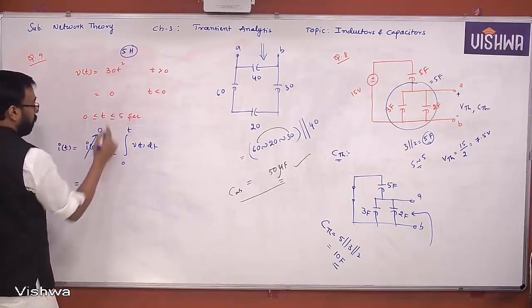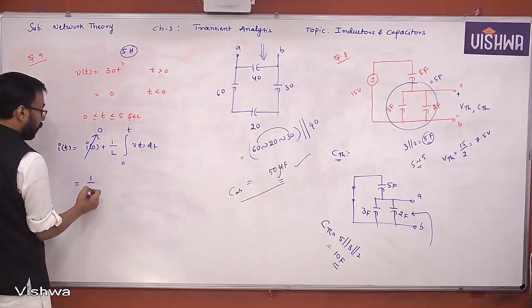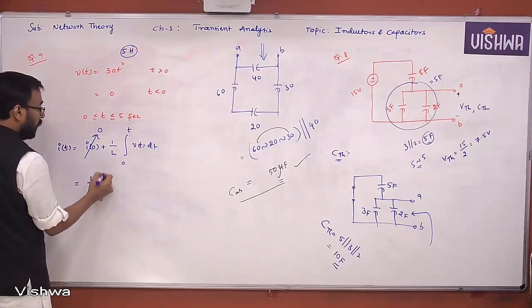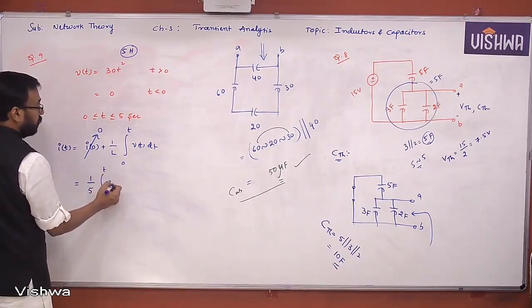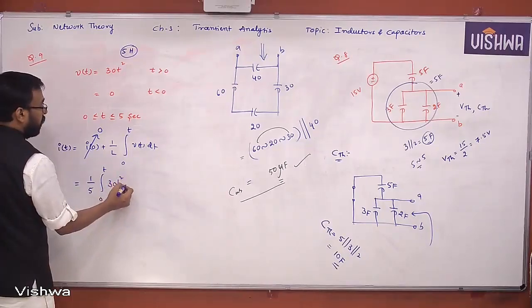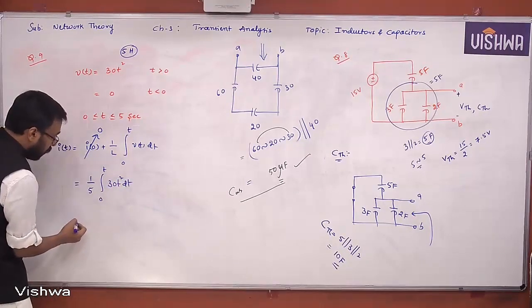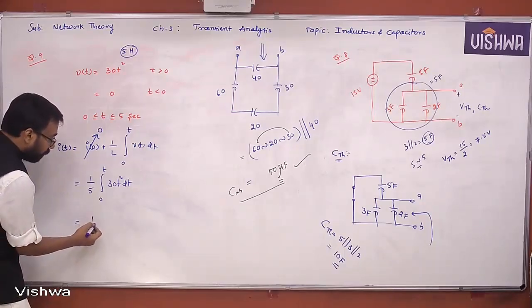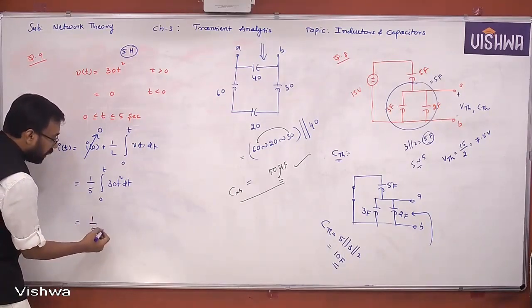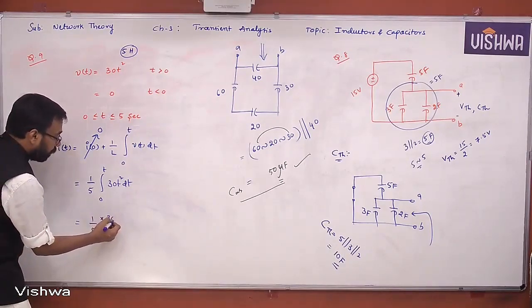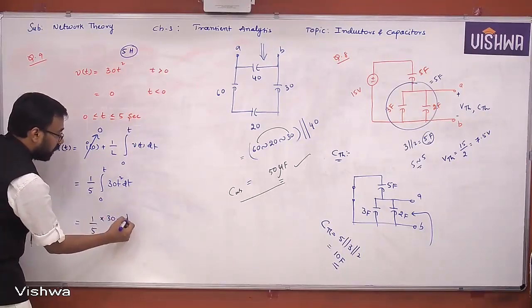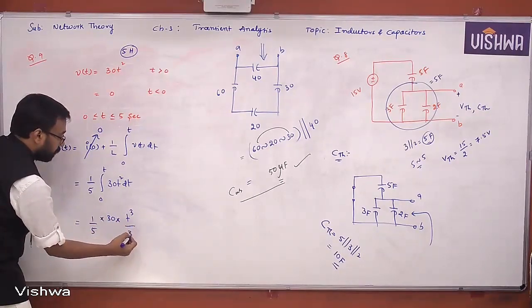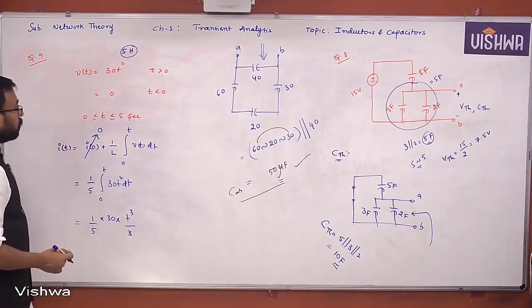So 1 by L. What is 1 by L? 1 by 5, integration 0 to t, 30t square dt. So 1 by 5 into 30. T square integrates to t cube by 3. Yes or no, all of you?